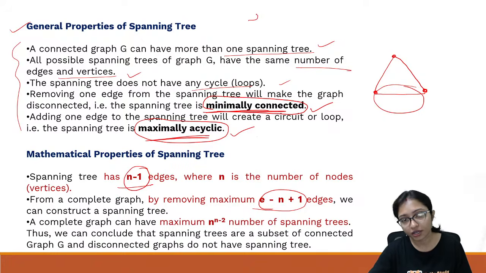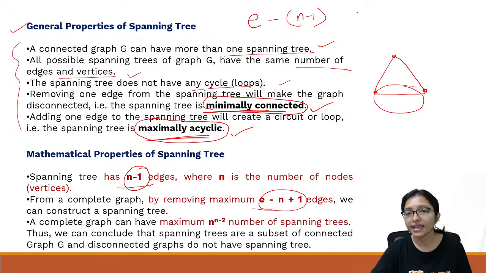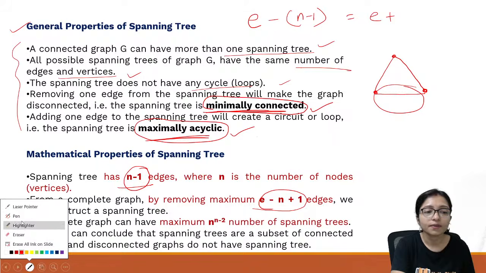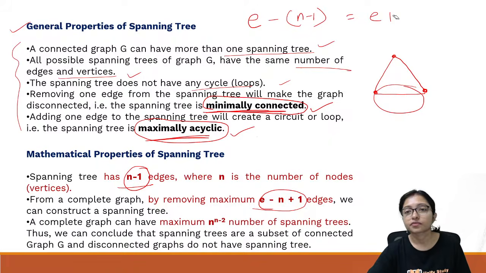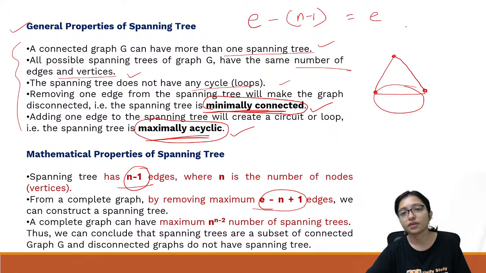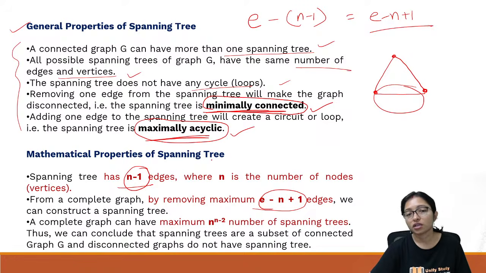If the total number of edges is e, and I keep n minus 1 edges, how many edges do we remove? Definitely this will be e minus n plus 1, right? That is the formula.